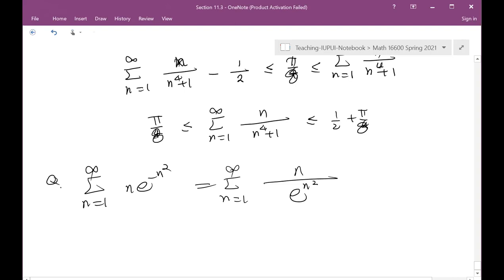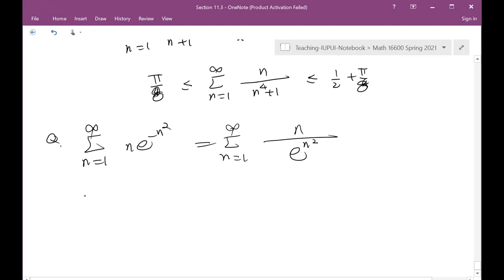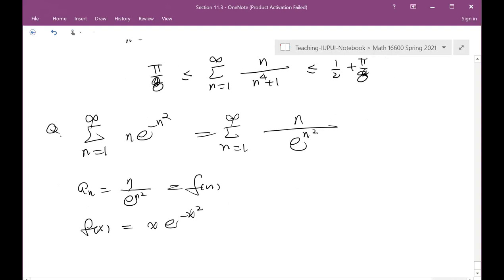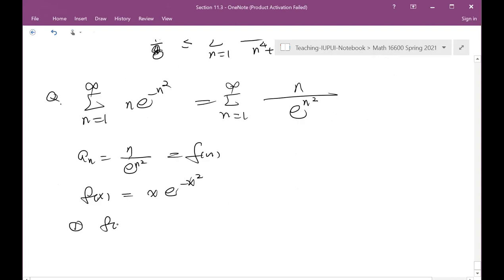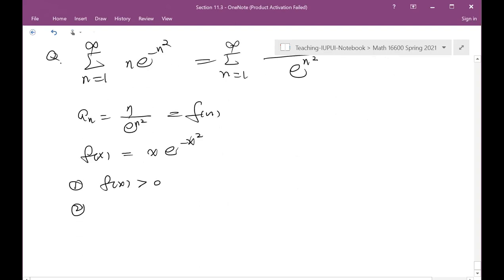So my a_n is going to be n e to the negative n squared. That's equal to f of n, so I have to write down the function: x e to the negative x squared. Clearly this function is positive, so don't worry about that. Second, I have to prove this is decreasing.